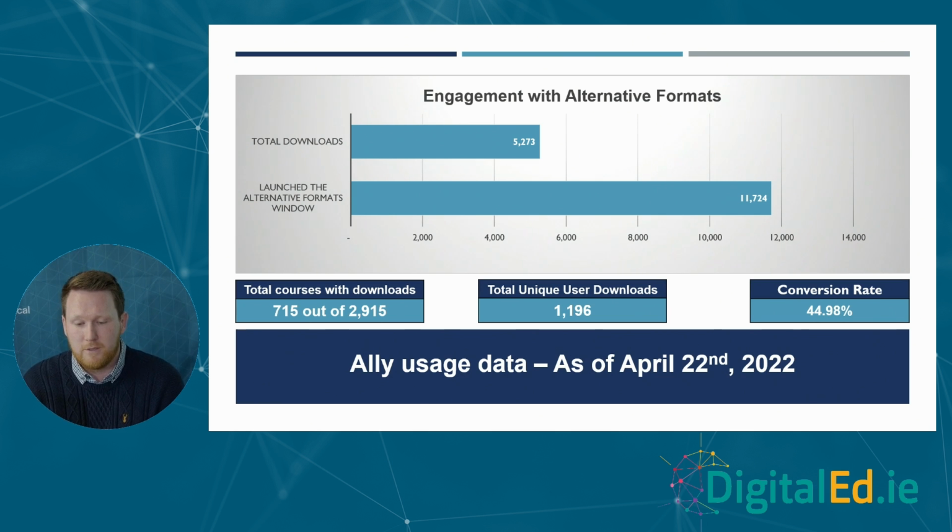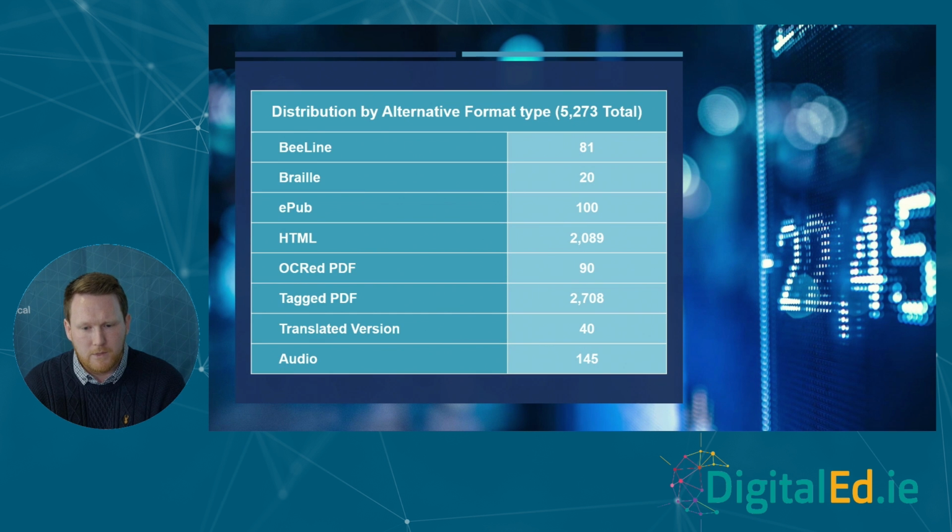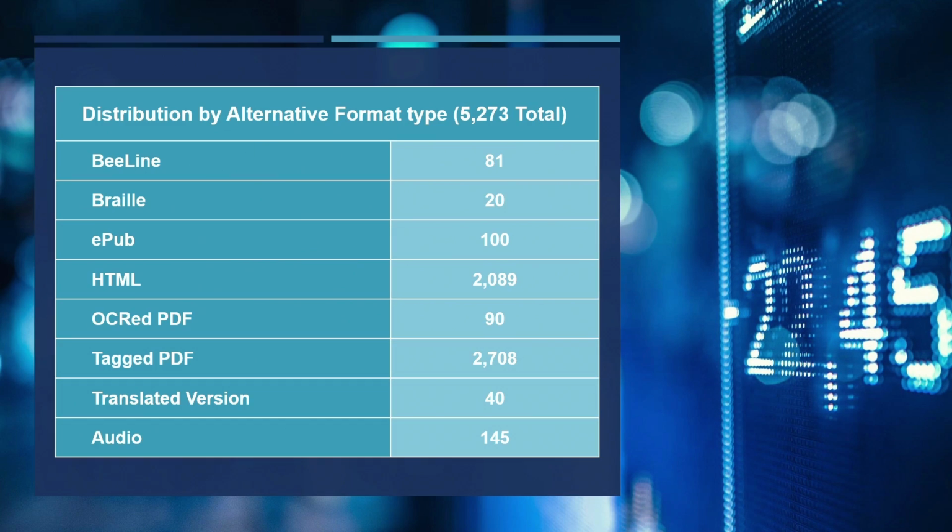Just a note there, this data is as of the 22nd of April, so these numbers can rise. The distribution of those 5,000 is broken down into the different formats that it's possible to download in, and I suppose HTML and PDF are quite popular ones there.